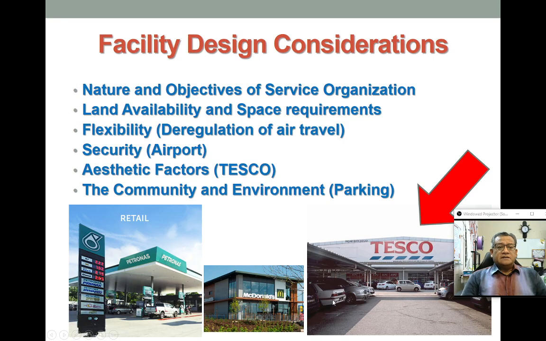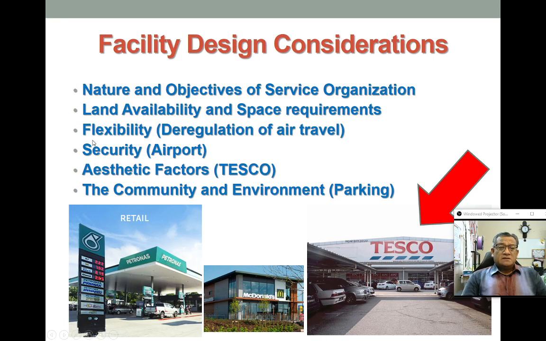The third facility design consideration is flexibility. If you take a look at a large facility like an airport, the airport has evolved from a centralized big airport, and later it became a hub and spoke airport, in which smaller airports exist in the vicinity of the big airport.